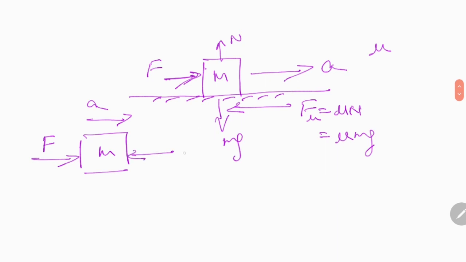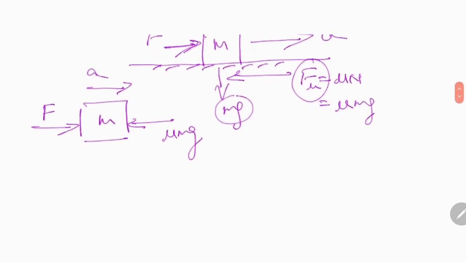That is nothing but mu mg, right? That is the frictional force. Are there any other forces? We are not bothering about the vertical component because they anyway cancel out. N will cancel out with mg. So that's all we have here.